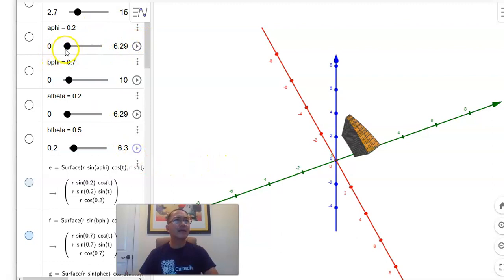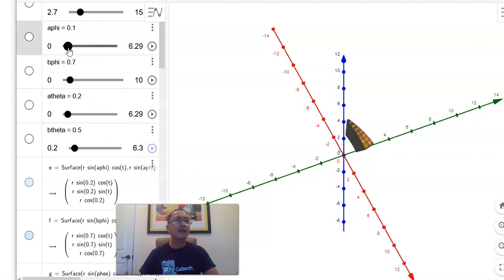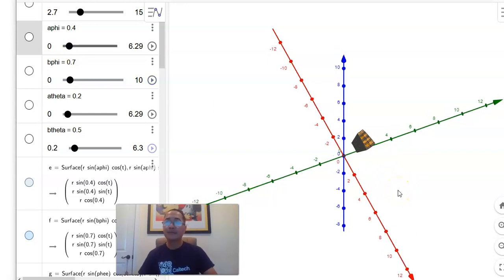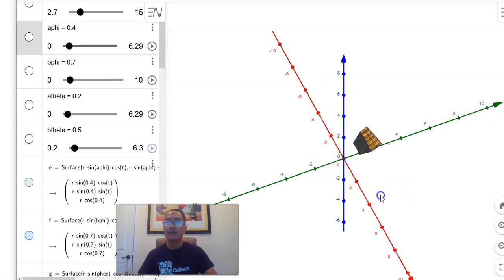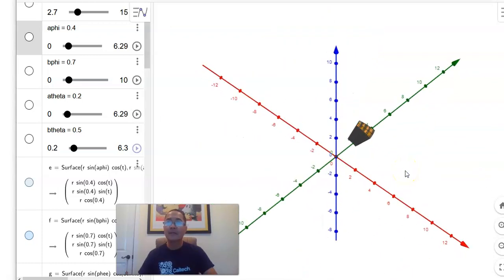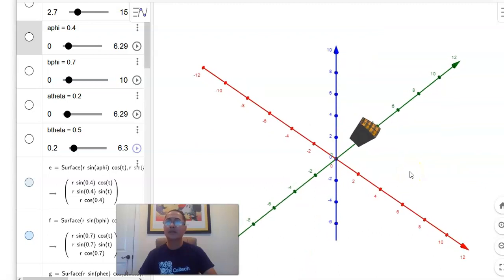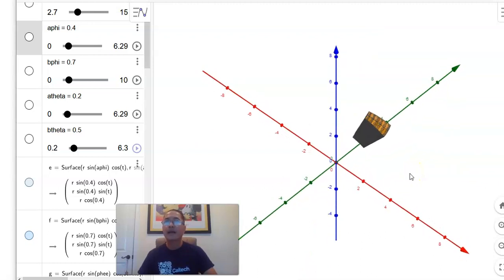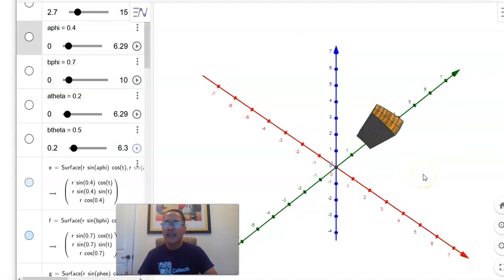You know what? I don't like how that looks so much. Let's increase the a phi just a little bit. There you go. It's getting a little bit more proportional. I like that much better. Zoom in. Closer, closer, closer. I don't know why it's so slow. There we go.